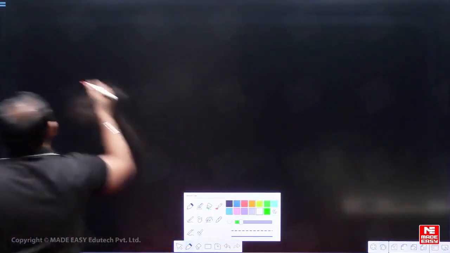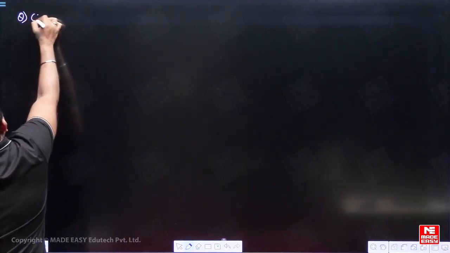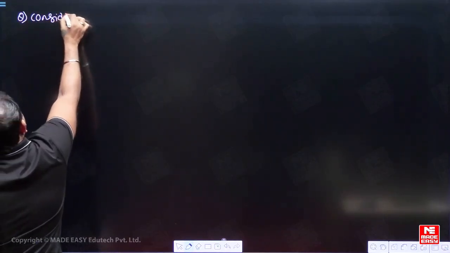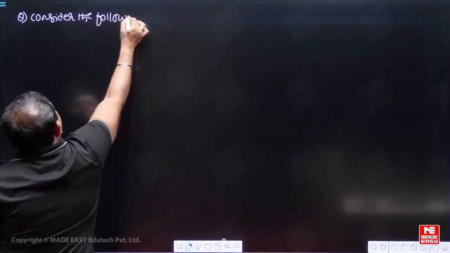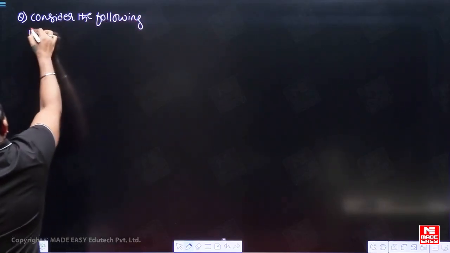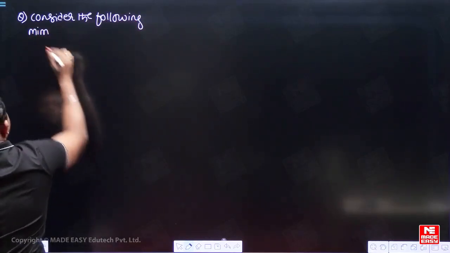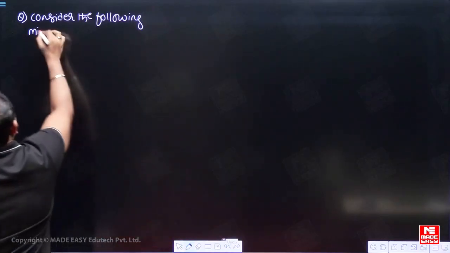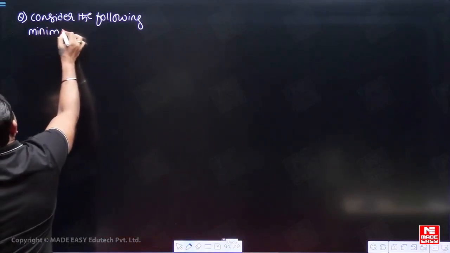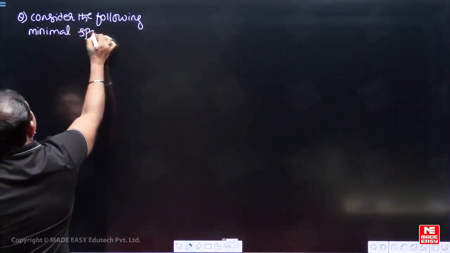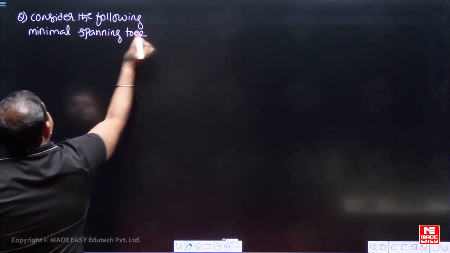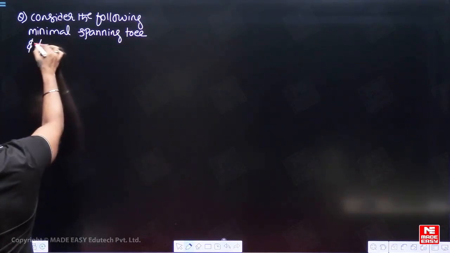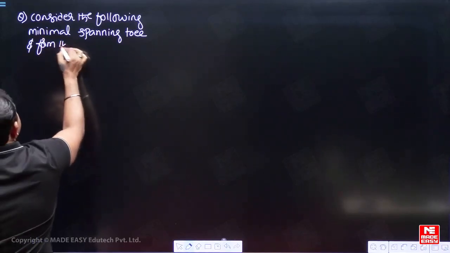Consider the following minimal spanning tree and form the clusters.